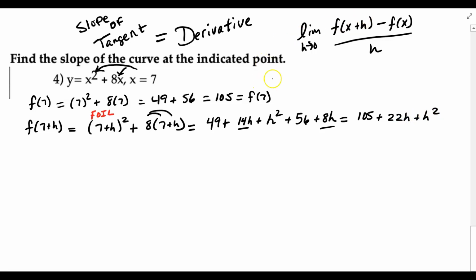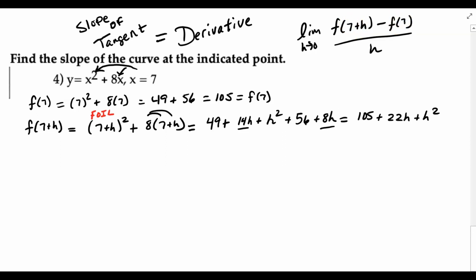Now I'm going to apply the limit of my difference quotient, which is this right here. And instead of putting x, I'm going to put 7 plus h and f of 7. There we go.